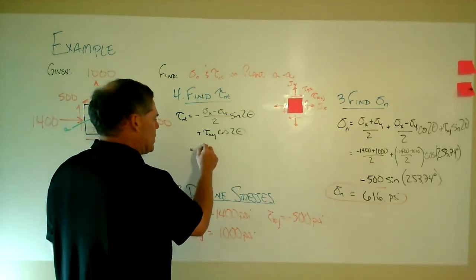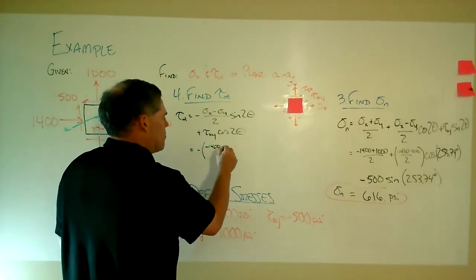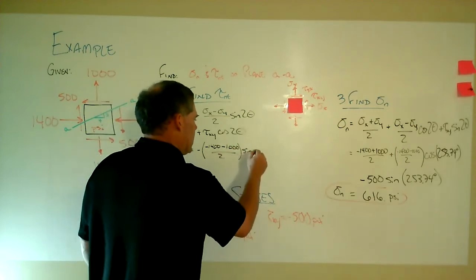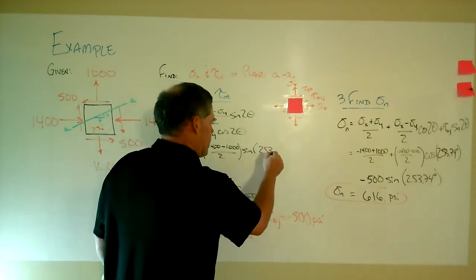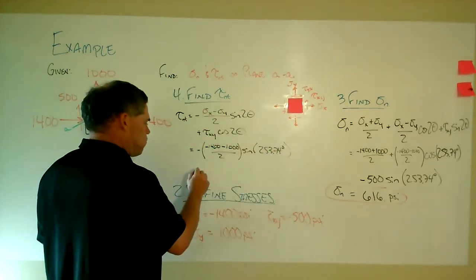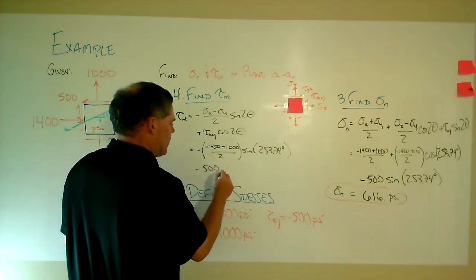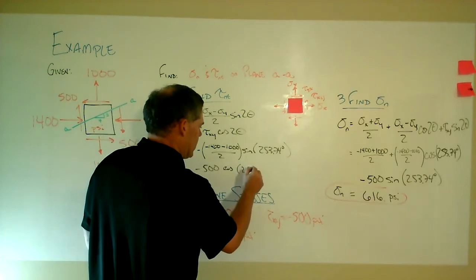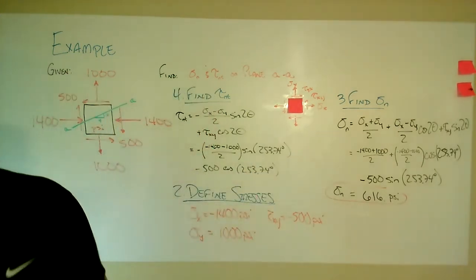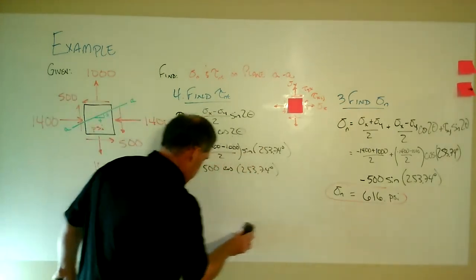So minus a minus 1400 minus the 1000, all over 2 times sine of our 253.74 degrees, and then plus tau xy, which is in itself a minus, so minus 500 times cosine of 253.74 degrees. I can see I'm going to have to erase again, no big deal.